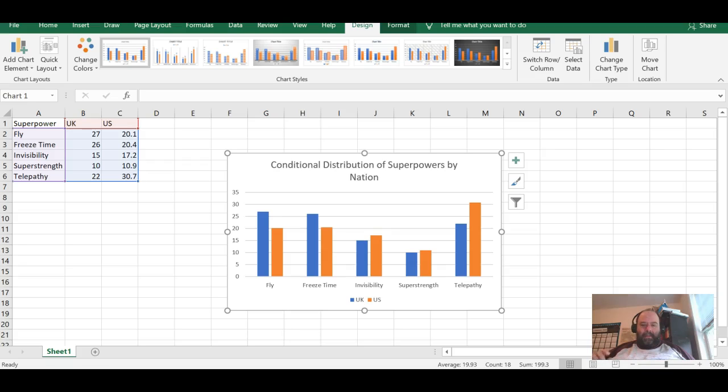We don't get a clear favoring with invisibility and super strength, maybe a little favoring toward the US with invisibility. Super strength is kind of low universally, but we do have differences in the table that support the conclusion that there is association between superpowers and nations. All right. So there you go.